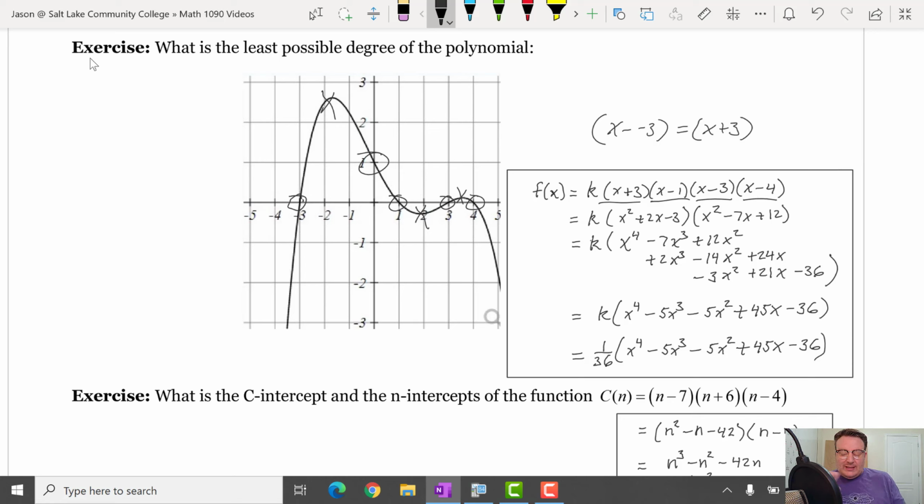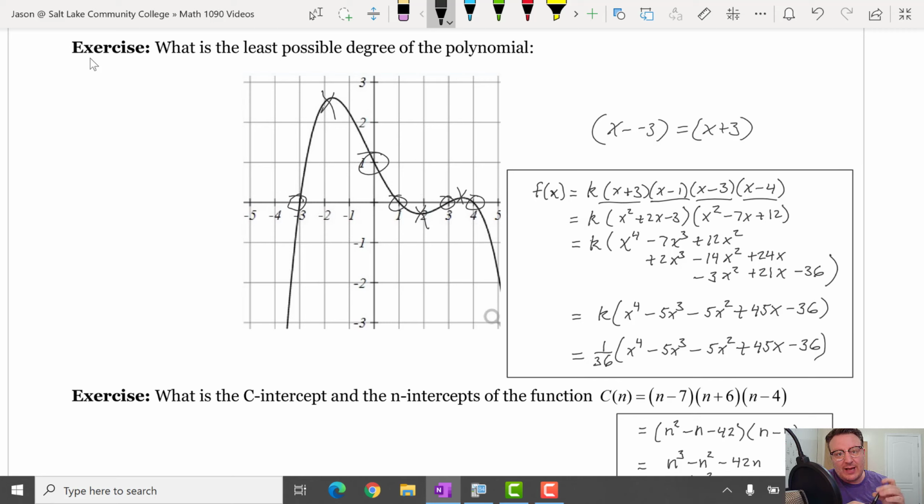Now, I could scale the polynomial, stretch it or compress it in the vertical direction, or also flip it. So I put a factor of k out front. k is just representing an unknown number. It doesn't increase the number of zeros of the polynomial.